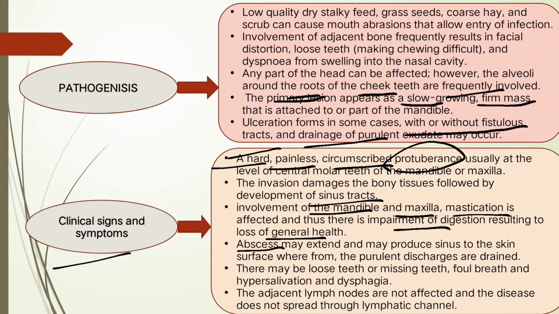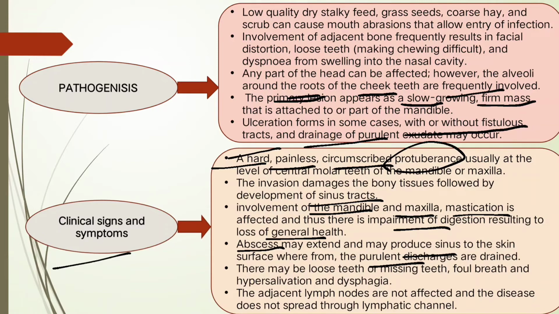Abscesses may extend and produce sinuses to the skin surface, from where purulent discharges drain. There may be loose or missing teeth, foul breath, hypersalivation, and dyspnea. The main thing is that the adjacent lymph nodes are not affected, and hence the disease does not spread through lymphatic channels.